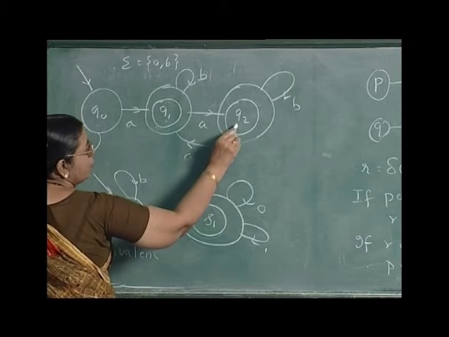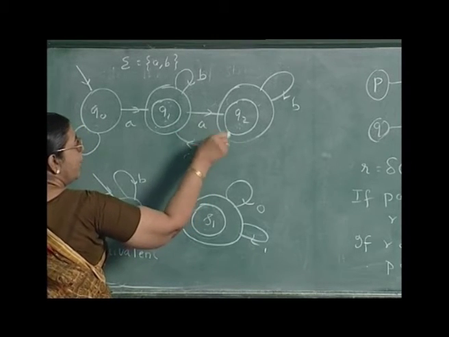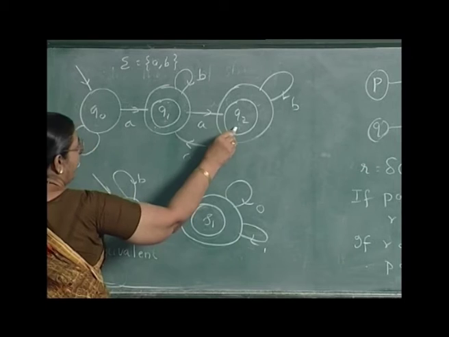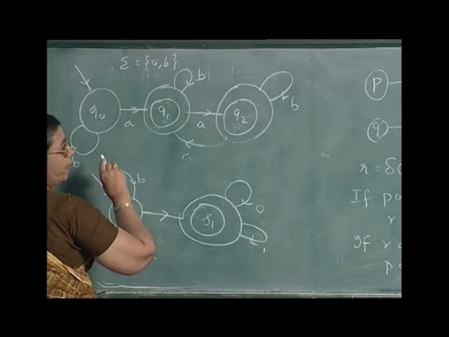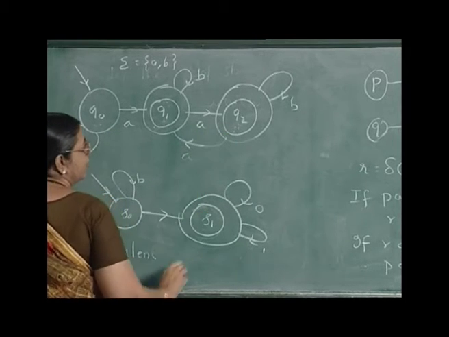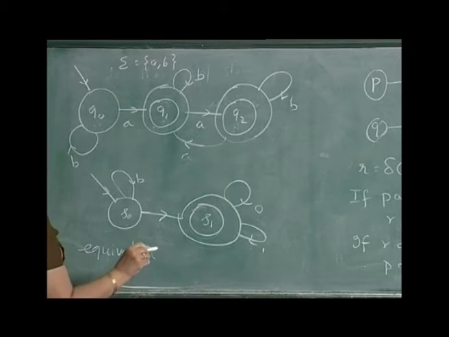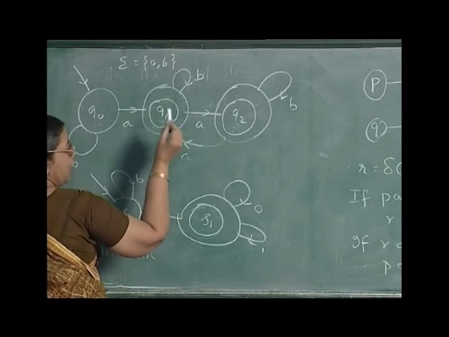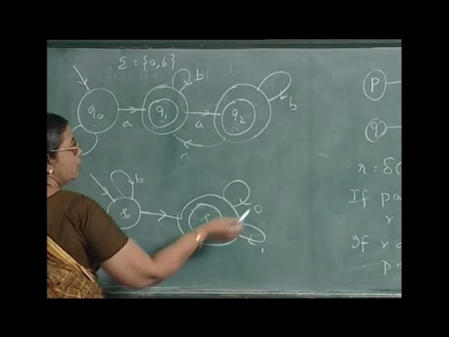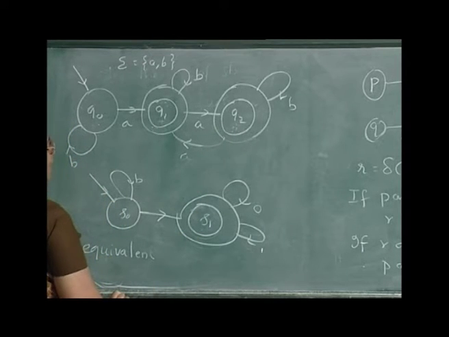From Q2, if you start reading a string, you will again go to Q1 or Q2 only, you cannot go back to Q0. So, that will be a final state. So, any string if you take, starting from Q1 it will be accepted, starting from Q2 also it will be accepted in this particular example.